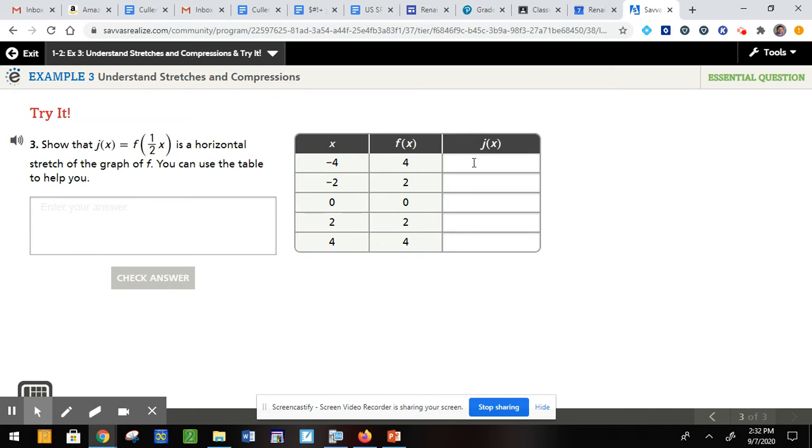So for this one, if I'm doing f of half x, the first thing I'm going to do is figure out what is f of half x for each function.